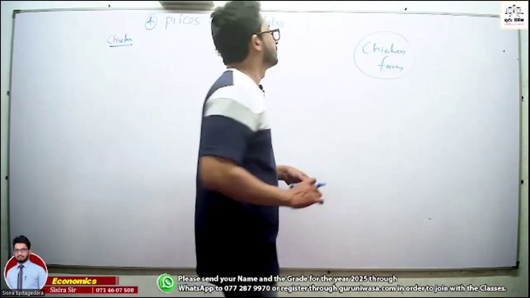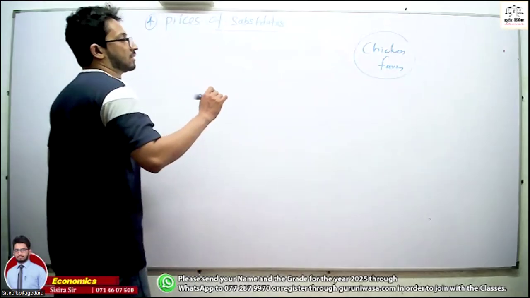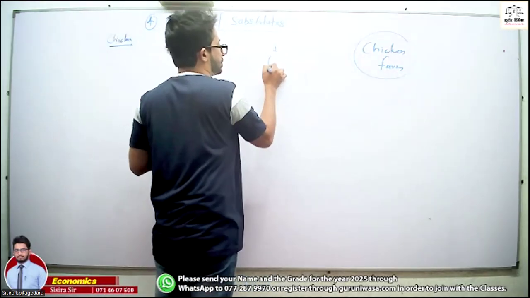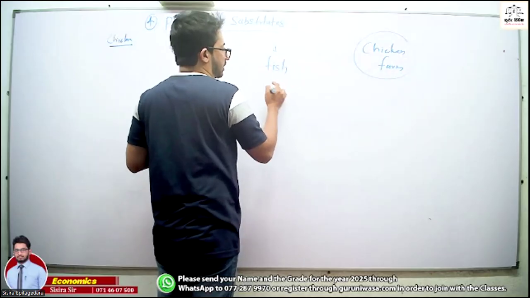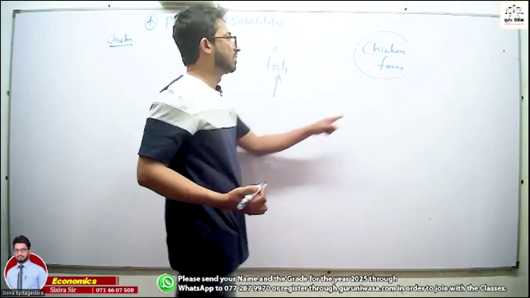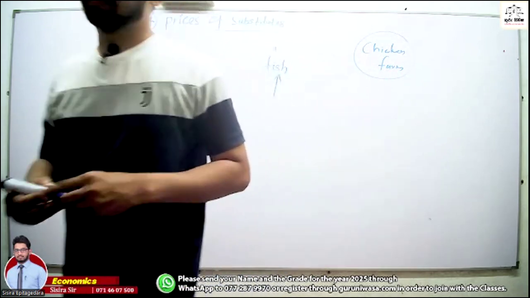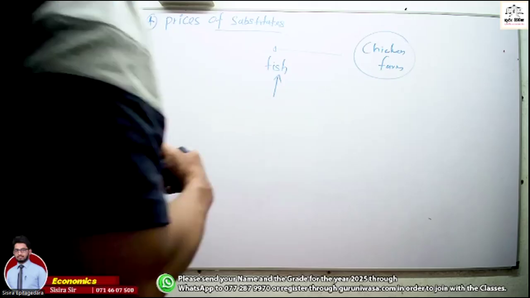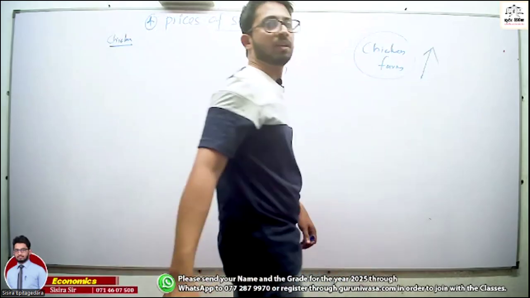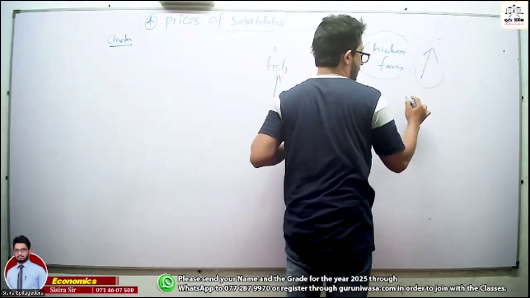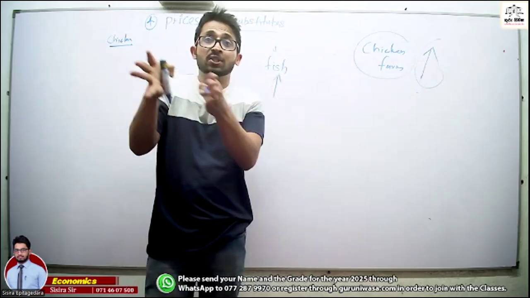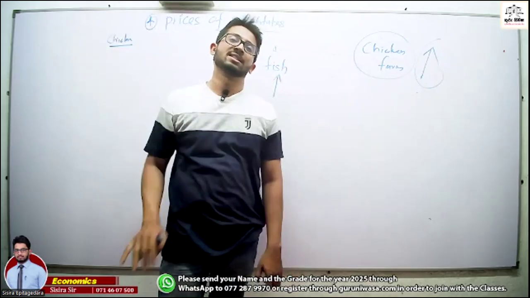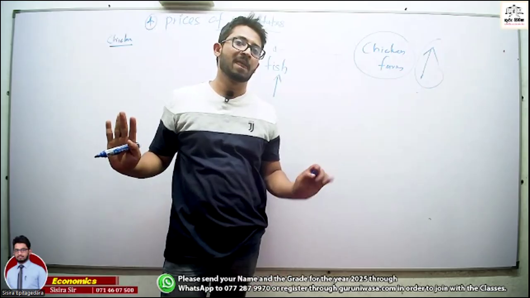What is your substitute product? Fish. If fish price increases, what happens to demand of your product? Demand for your product increases. Then demand for our products increases when prices of substitute goods increase. Is that clear? Yes.